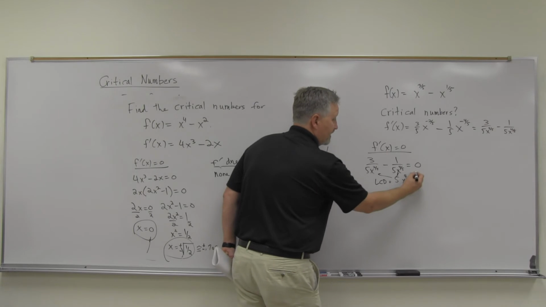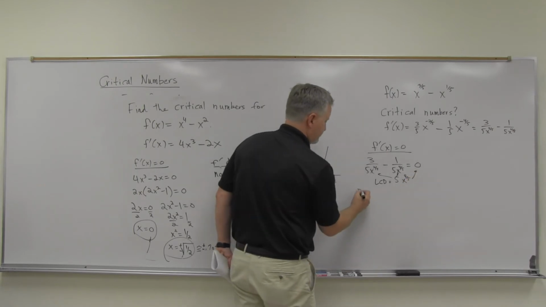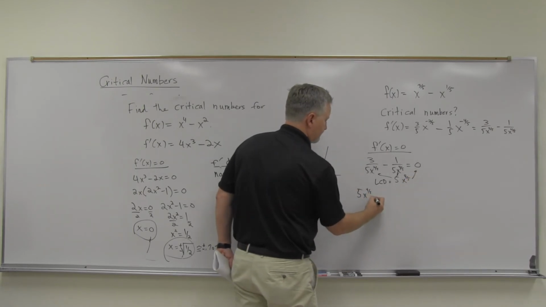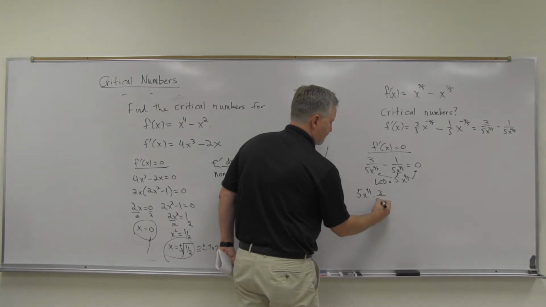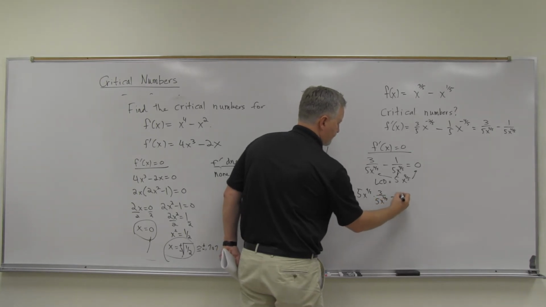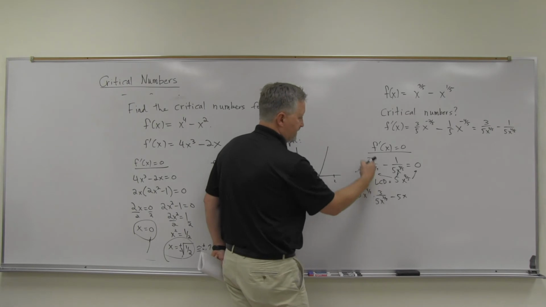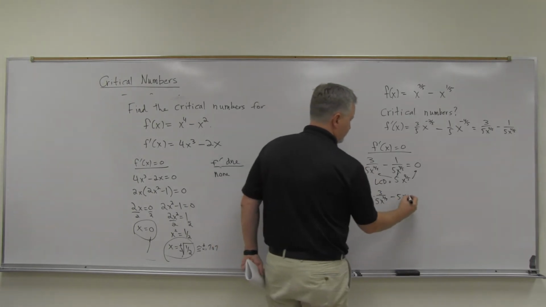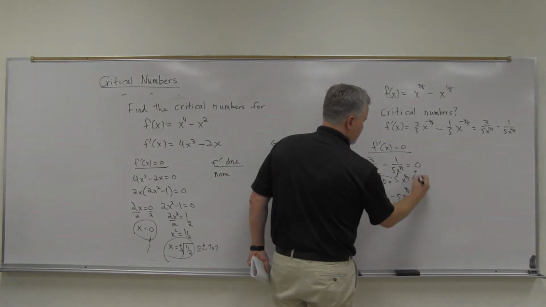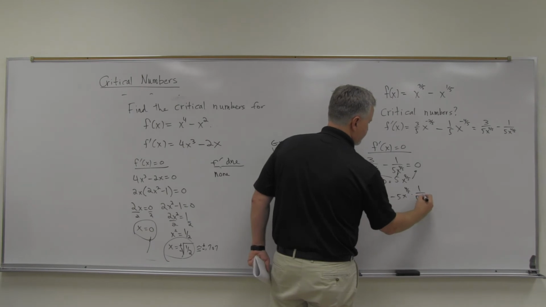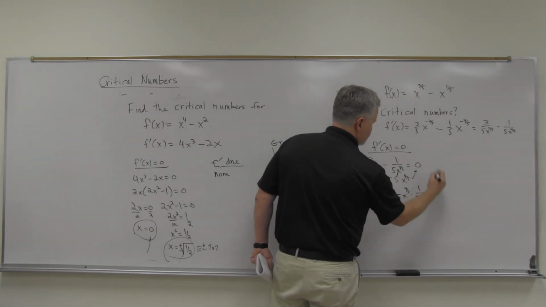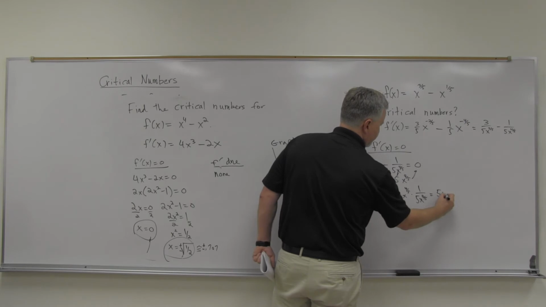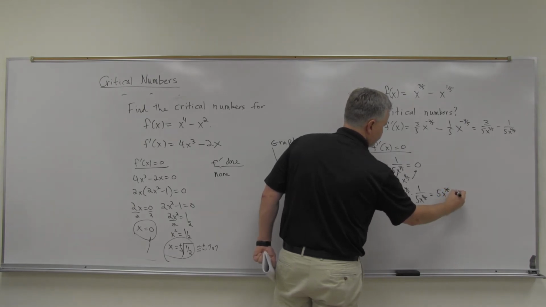I'm going to multiply that by everything. So 5x to the 4/5 times 3 over 5x to the 2/5, 5x to the 4/5 times 1 over 5x to the 4/5, and then 0, 5x to the 4/5 times 0.